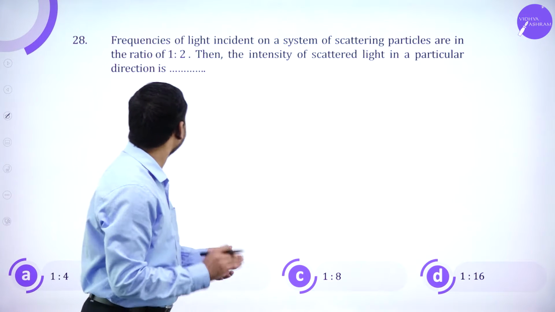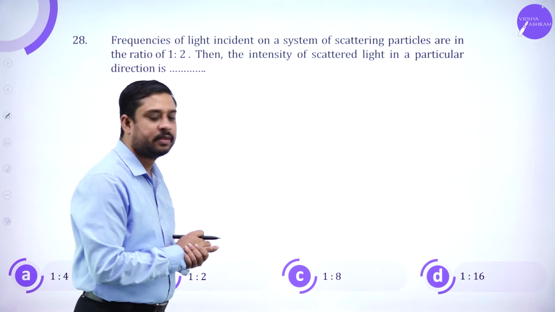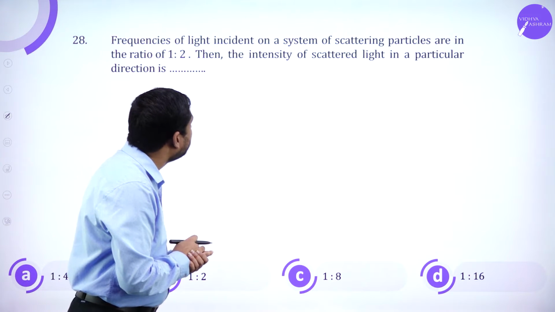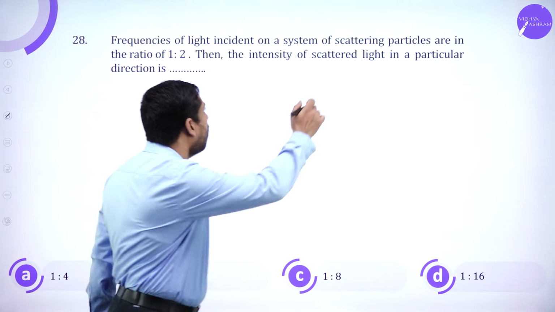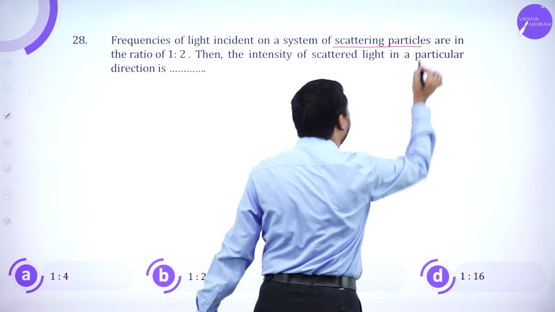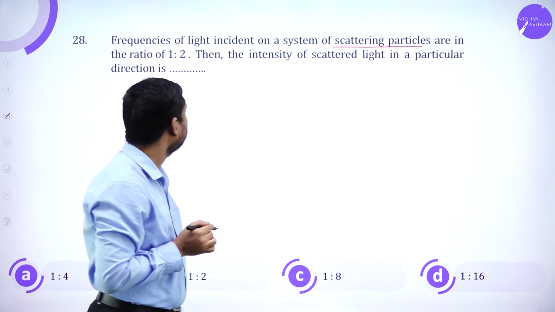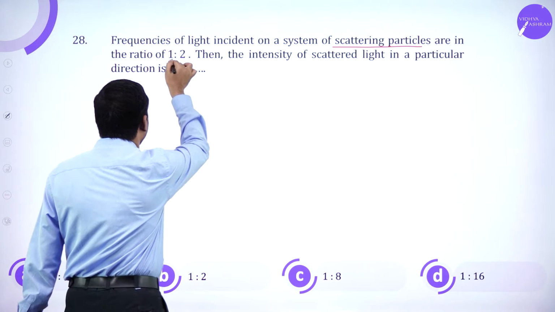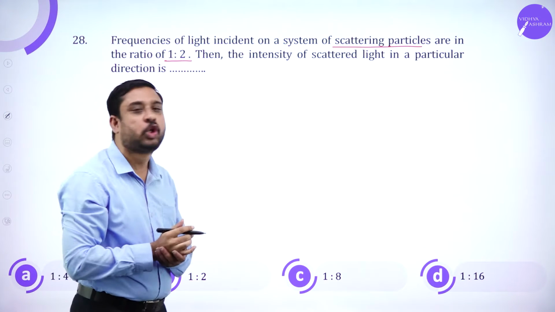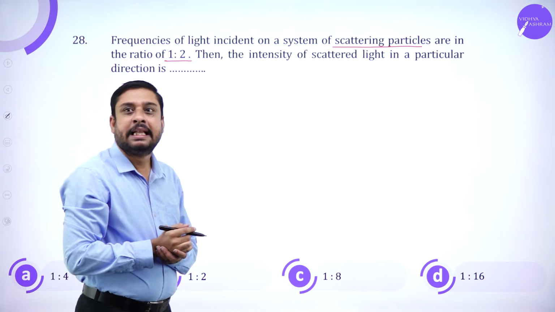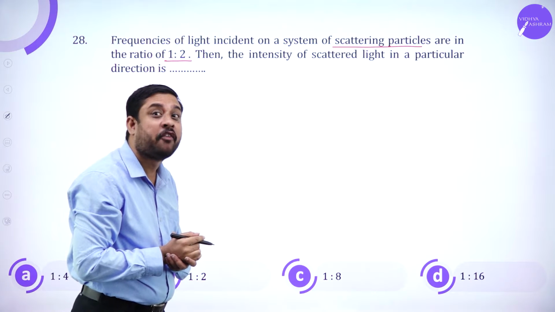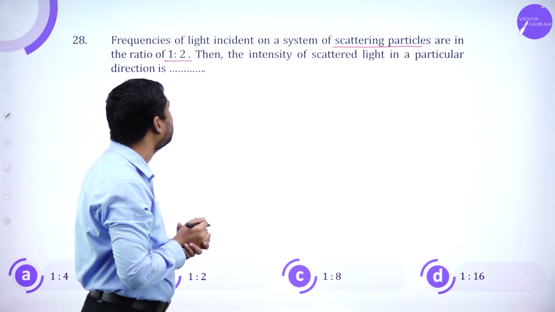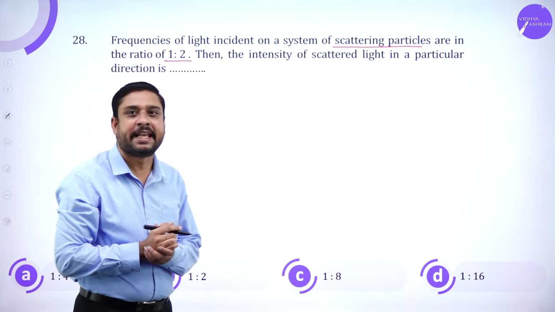Frequencies of light incident on a system of scattering particles are in the ratio 1:2. Then the intensity of the scattered light in a particular direction.